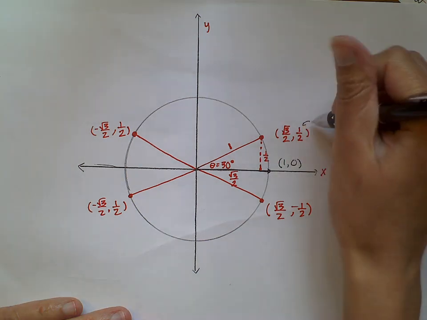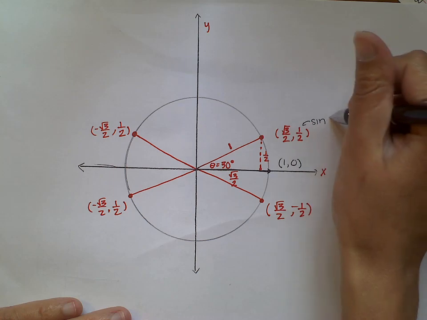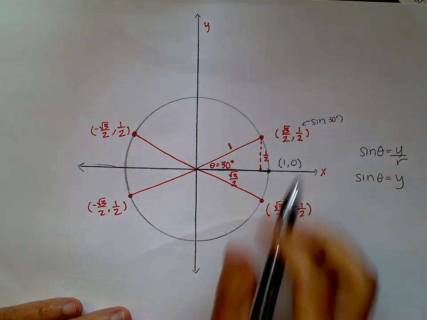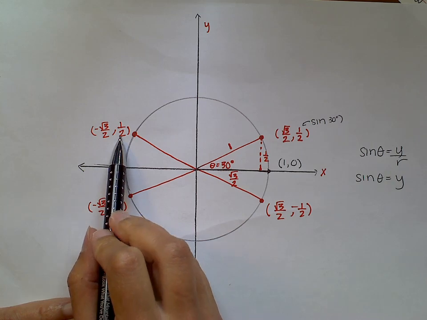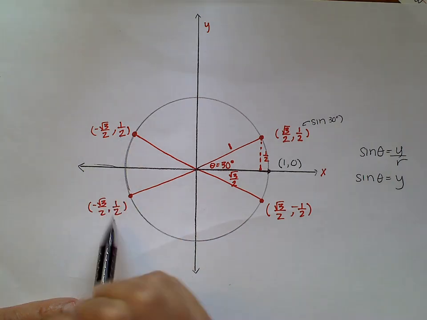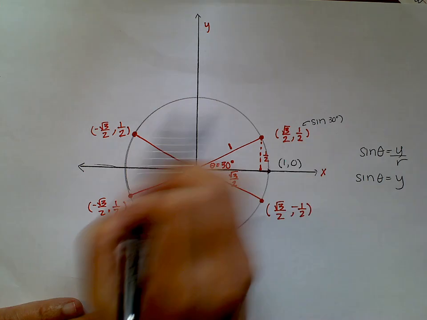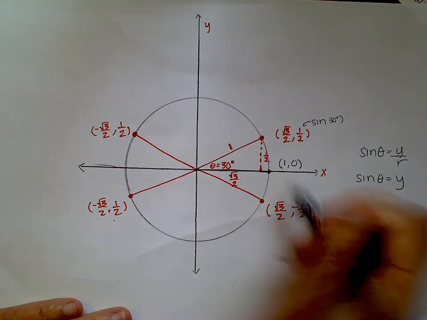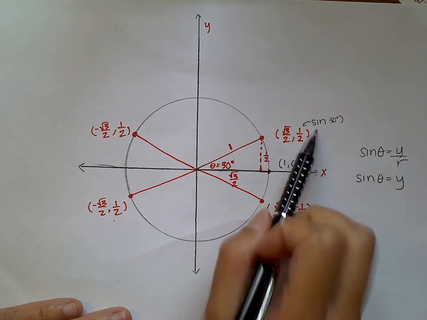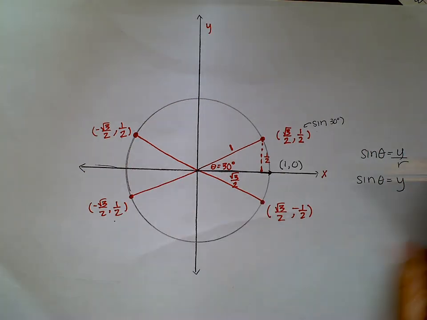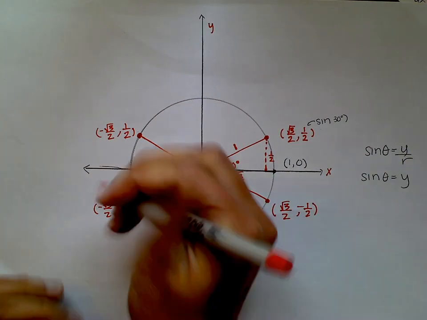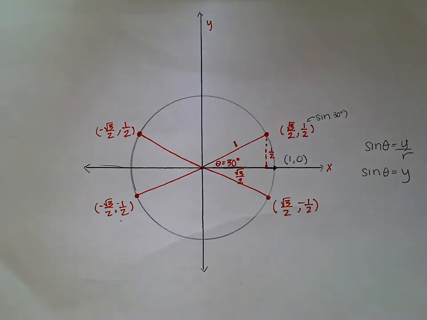So this is sine of 30 degrees, and this is sine of 150 degrees. No matter where I go, if I'm 30 away from the x-axis, the sine will always be half, or negative half. Oh my word, I forgot the negative down here. Good thing I looked at that again, because everything's negative.